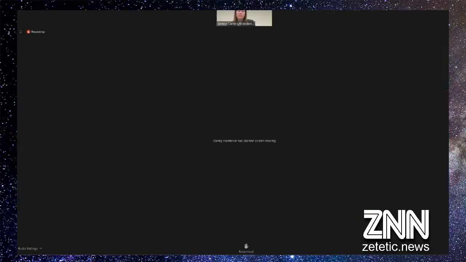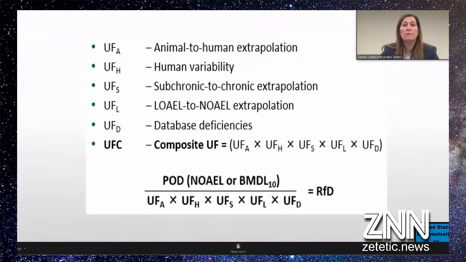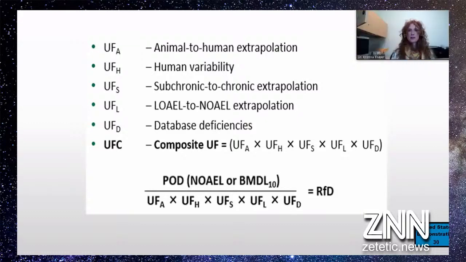It's 30. So there's one to account for extrapolating from animal to human, another to account for human variability, another to account for subchronic to chronic extrapolation, LOAEL to NOAEL extrapolation, and if there are deficiencies in the database, in terms of it may not have enough toxicity studies to give you reassurance that many of the health concerns we think about would have been assessed.